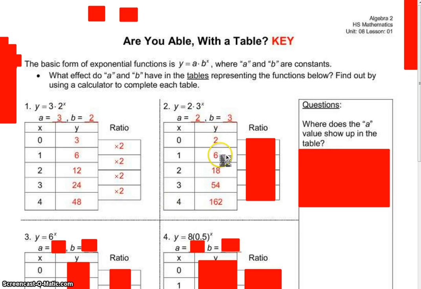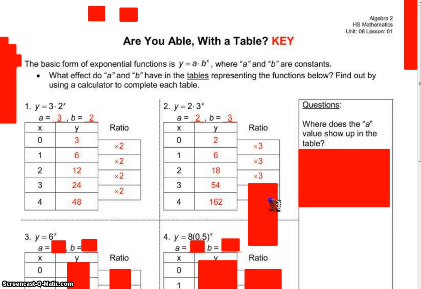You would have to multiply 2 times 3 to get 6, 6 times 3 for 18, 18 times 3 equals 54, and 54 times 3 equals 162. If you weren't sure what that should be, you could have done it backwards and divided, like 162 divided by 54, and then 54 divided by 18, and just worked it from the bottom up.